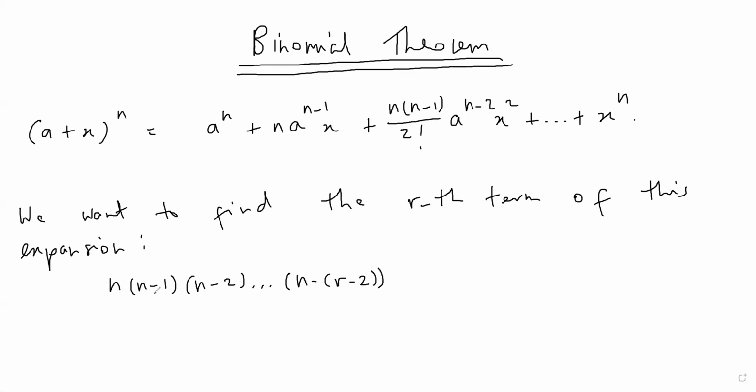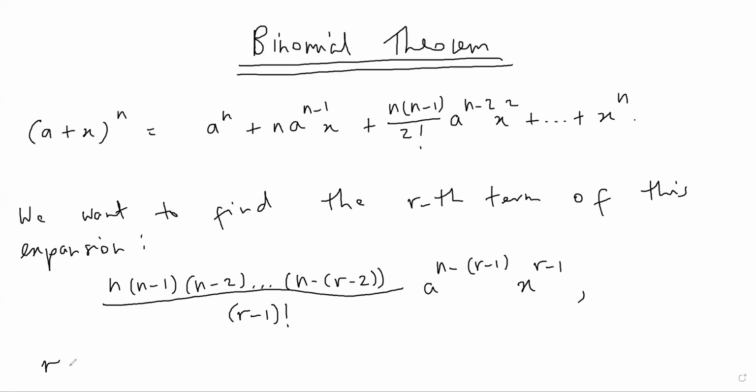And we divide this by r minus 1 factorial multiplied by a to the n minus r minus 1 multiplied by x to the r minus 1. In this case, r is any number, but r must be at least 2.